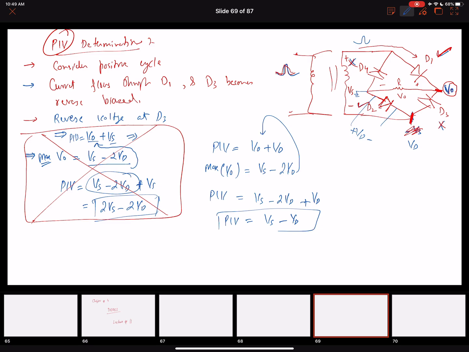Notice that this PIV is almost half of the center tap one. The bridge rectifier PIV is half of the full wave center tap rectifier PIV. So this is another advantage.